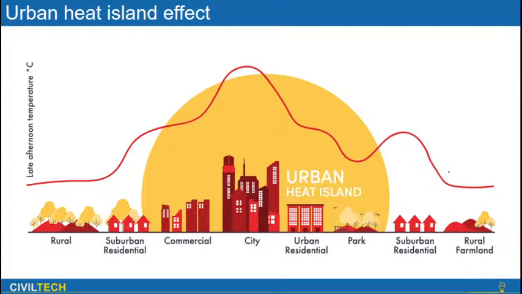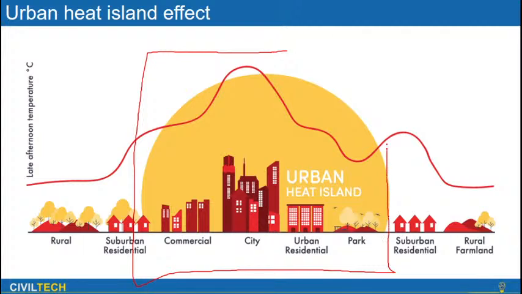The urban heat island effect is a phenomenon where, for example, this is the city region, right? This is commercial, city, urban, residential, park. These are the different categories mentioned. We say that in a particular city, the urban heat island effect is present or not.